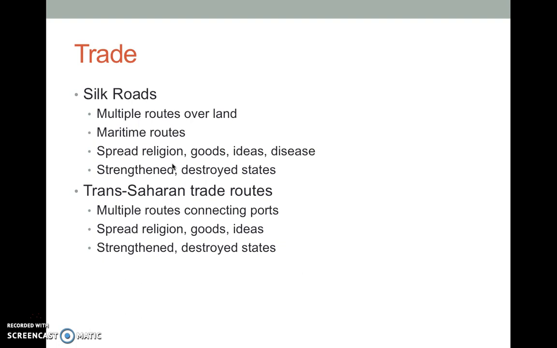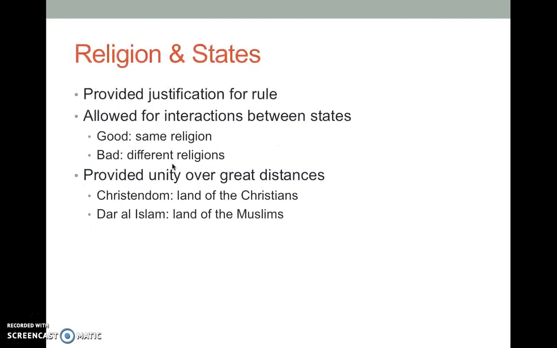And we saw how religion spread there as well, in addition to goods and ideas. And again, some trade managed to strengthen states. Think about Mali, think about Songhai. But it also could, if you were particularly successful, destroy states, such as Ghana. So think about examples for this. These are the patterns that we're starting to see.